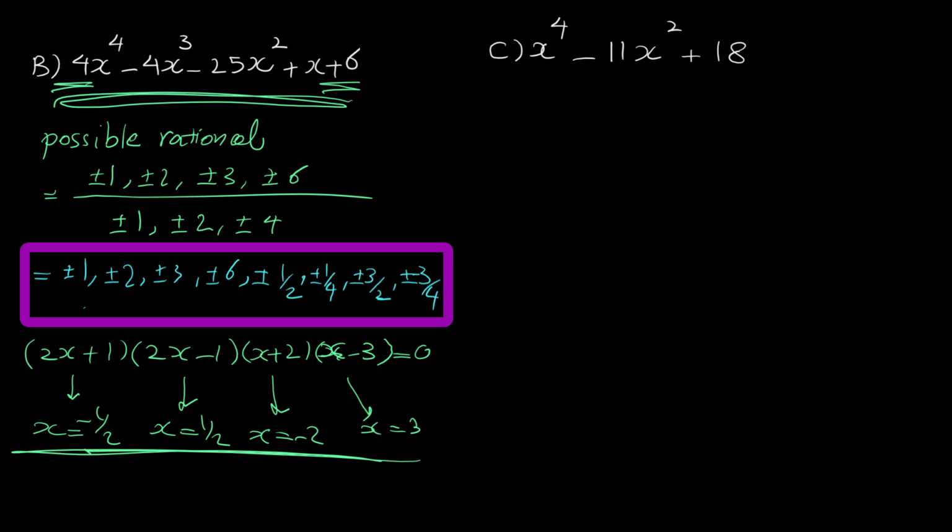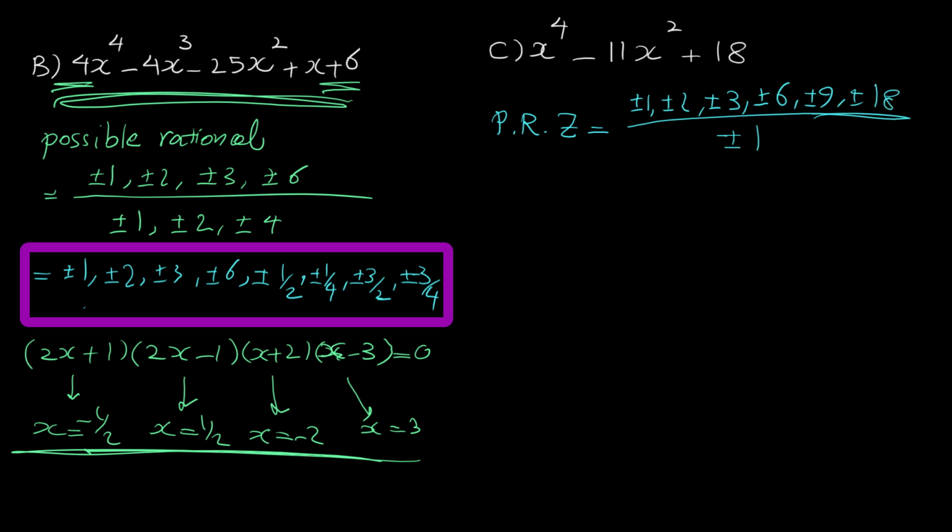So the possible rational zeros for this polynomial are plus minus 1, plus minus 2, plus minus 3, plus minus 6, plus minus 9, and plus minus 18, all over plus minus 1, because the leading coefficient is 1. So possible rational zeros are the numerator numbers, because dividing by 1 doesn't change anything.